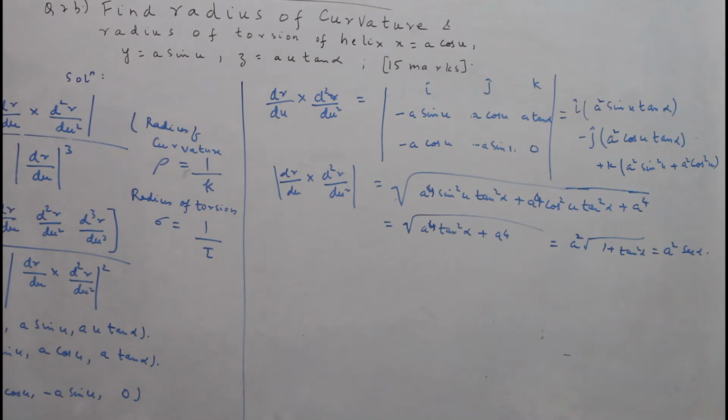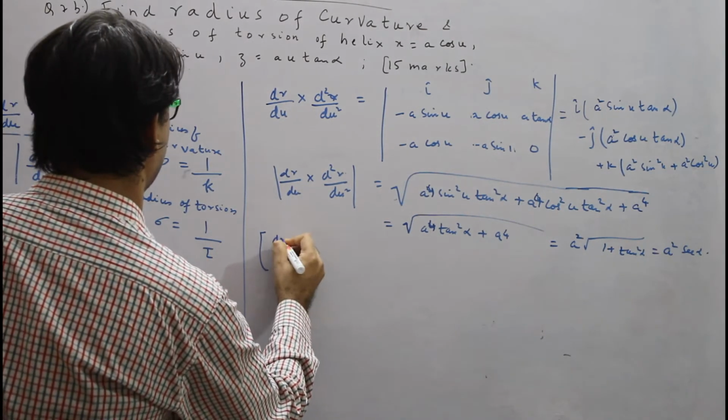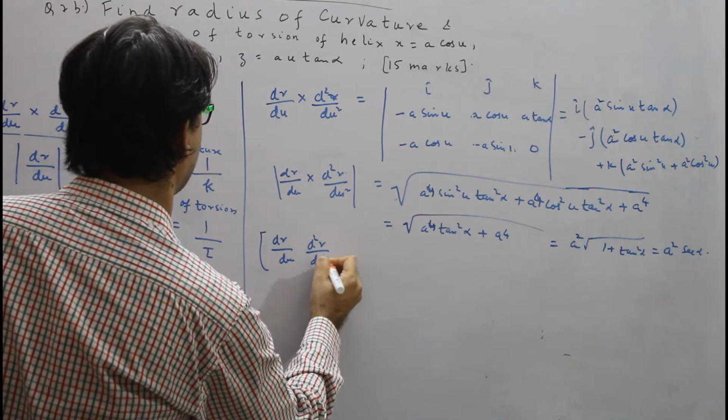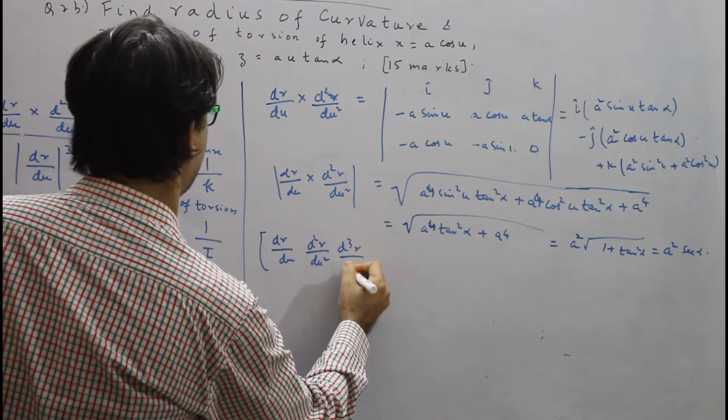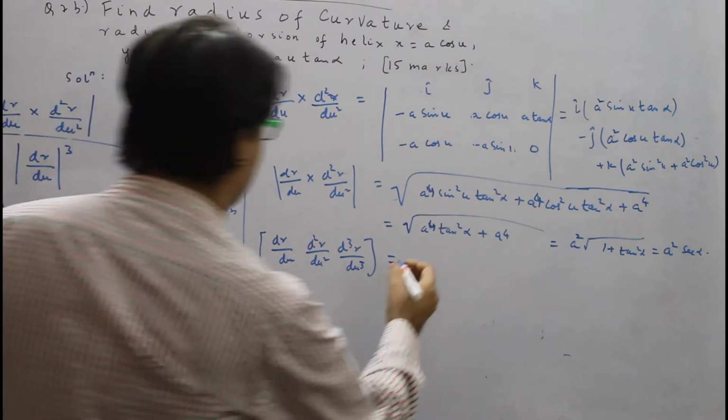Now I will find this formula: dr by du, d square r by du square, d cube r by du cube. So we have to find this vector.